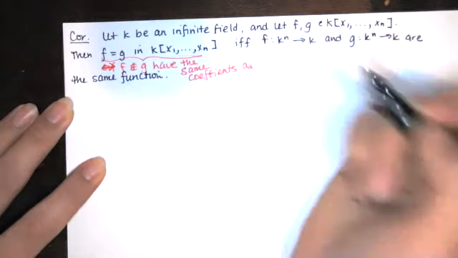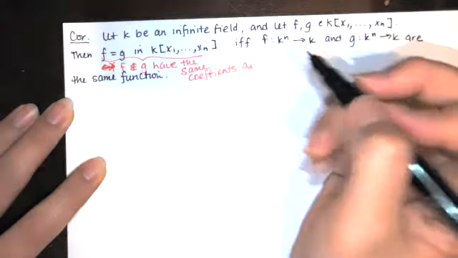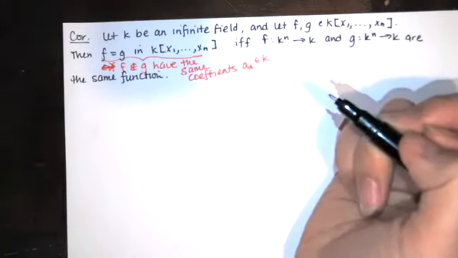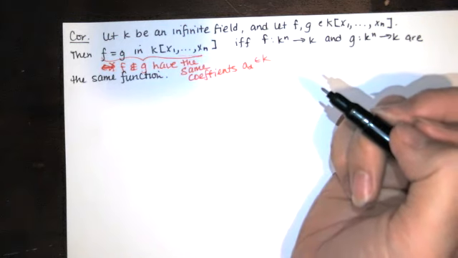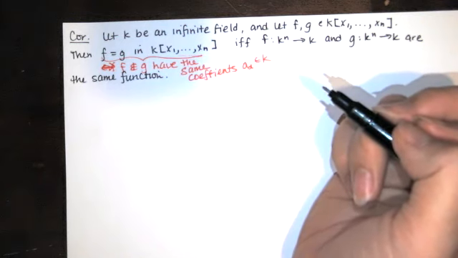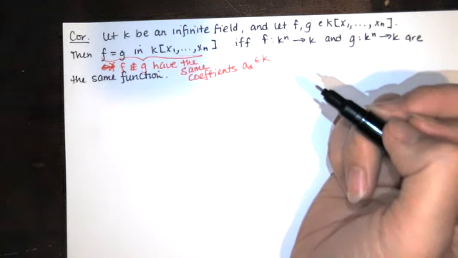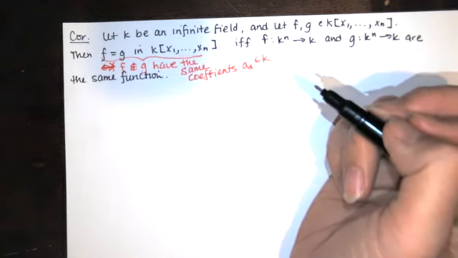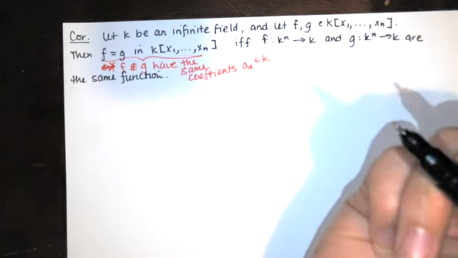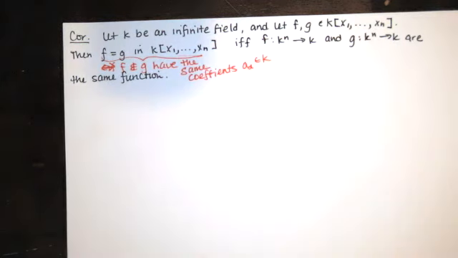So those a sub alpha in the formulas for the two polynomials f and g have the same coefficients in k. And this is pretty easy to prove. You would just look at the function f minus g, show that it's equal to 0 all the time. Therefore, it's a zero polynomial, and then you can just take an equation and rearrange it. It's a very, very easy proof. So I think I'm going to leave that to you. If you want to prove that, you can.